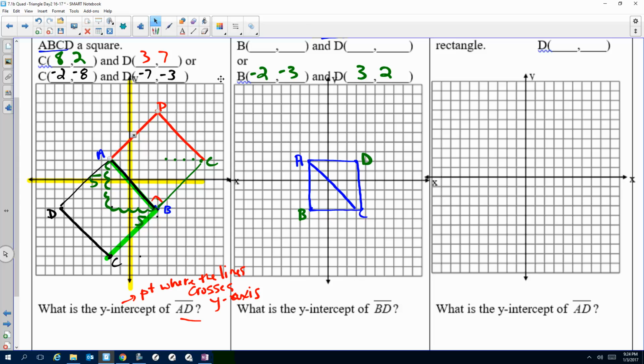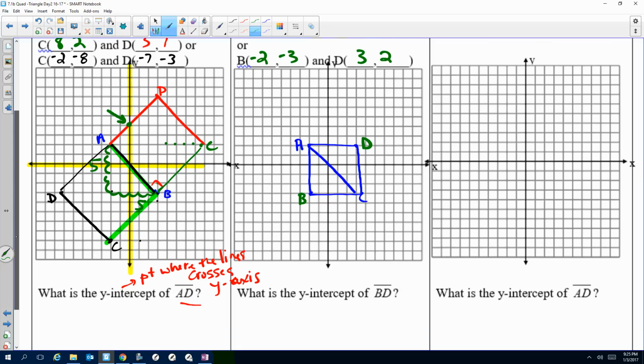And then you can see by doing such, right here, I'm going to draw an arrow. There is the y-intercept. That's where that line crosses the y-axis. I just want the ordered pair for that. So the ordered pair, the point where that happens, would be 0, 4, right?